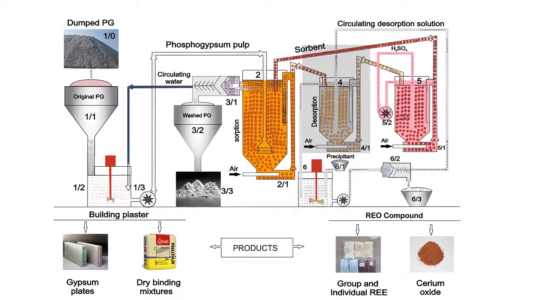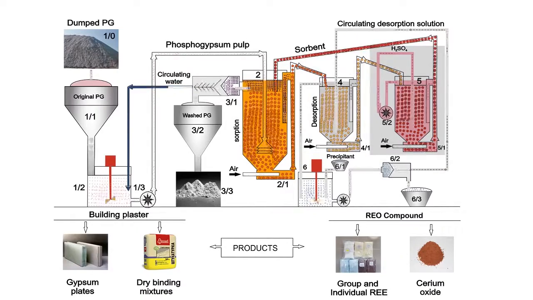Sorbent liberated from REO is accumulated at the bottom of column 4 and via airlift, position 4-1, unloaded in the sorbent regeneration column, position 5, and desorbate solution containing rare earth elements is poured over the top of column 4 into the precipitation reactor, position 6.